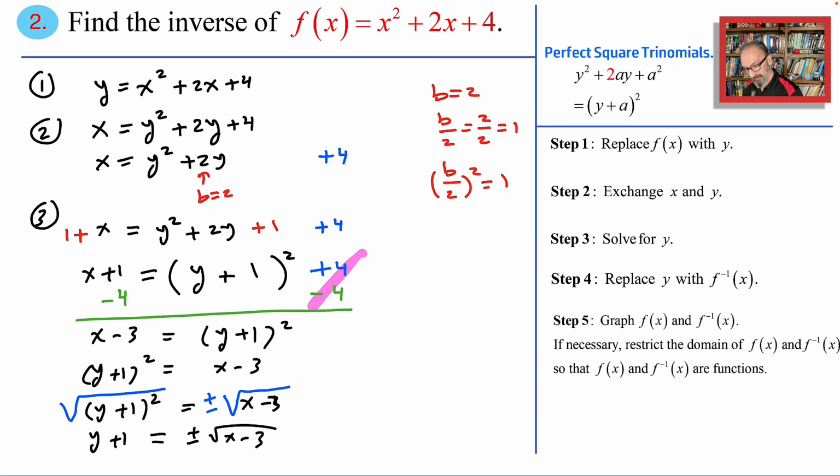Let's go to the side and finish it. Subtracting 1 from both sides, I get the following. I have y by itself on the left equals minus 1 plus minus square root of x minus 3.